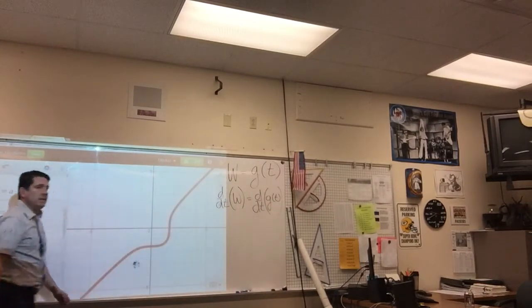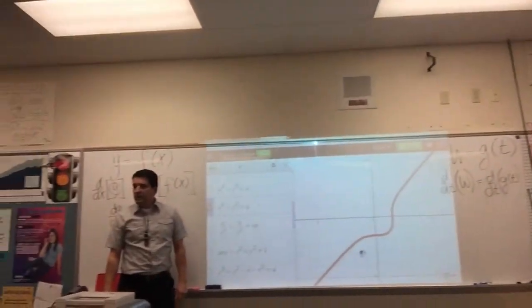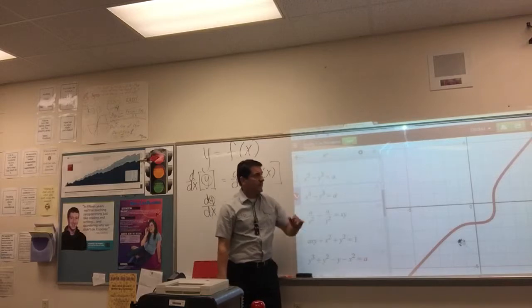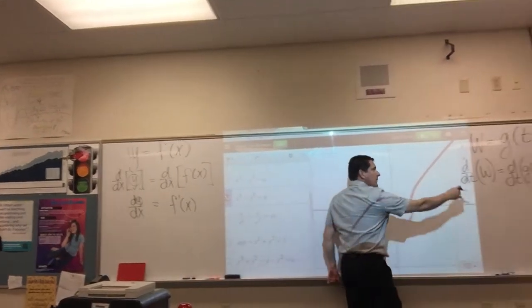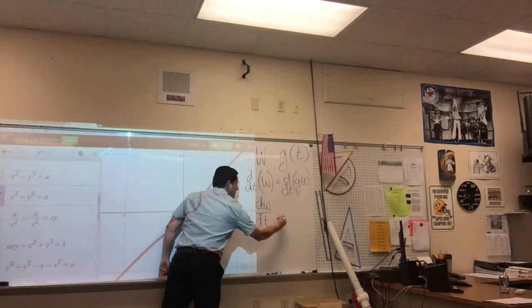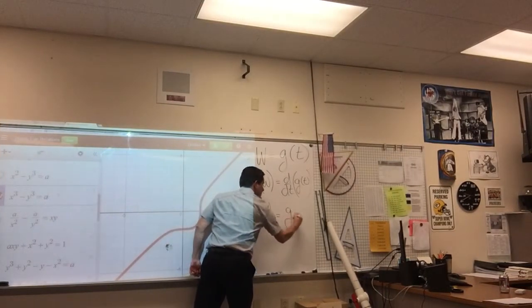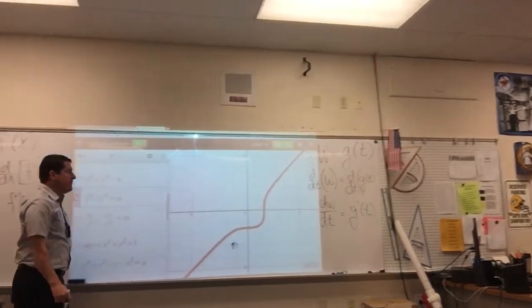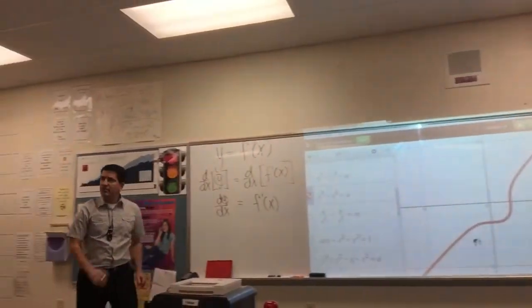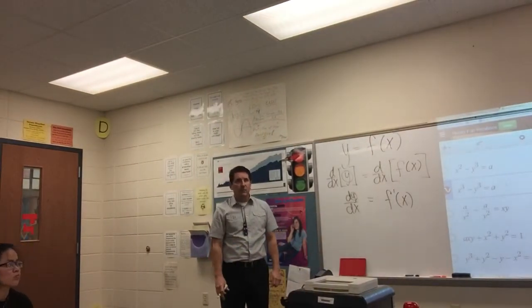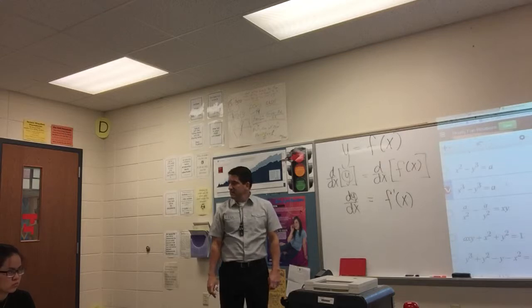Notice I put d dt because it's the derivative of that thing, whatever it is, with respect to t. Then we write this as dw dt, and we write this as g prime of t. Same exact thing as this, just different letters, so you can see how it transfers. See the connection?